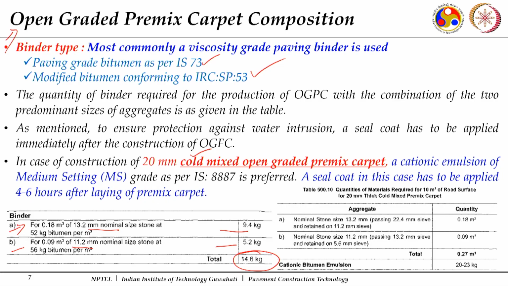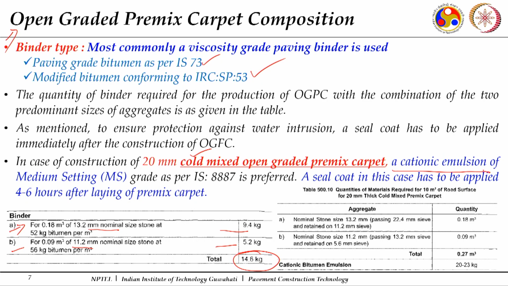Otherwise, the general term is open graded premix carpet, where we are going with paving grade binder or modified binder. When we produce it using emulsions, the thickness remains the same, 20 mm. For the cold mix open graded premix carpet, the emulsion which is preferred is a cationic emulsion of medium setting grade, which has to follow the IS 8887 specifications.